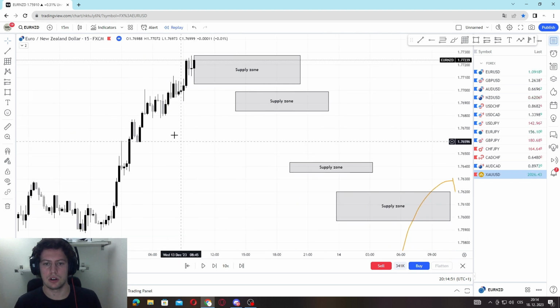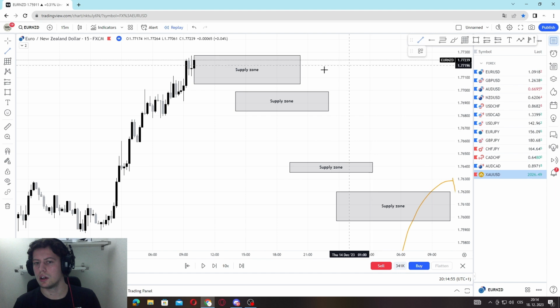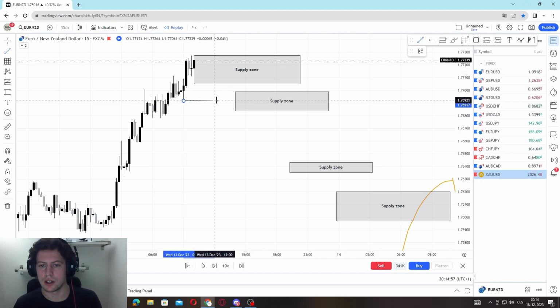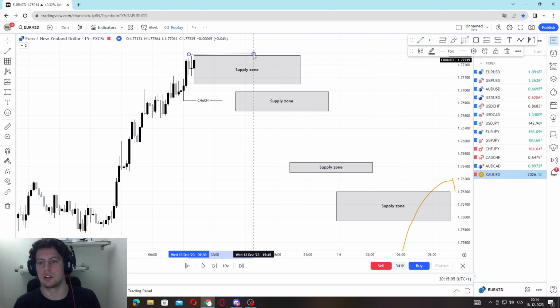But here we have, for example, this wick. I would mark it that if it goes below, this is a change of character. If this goes up, it will be a break of structure because it has to go down, hang around and break.